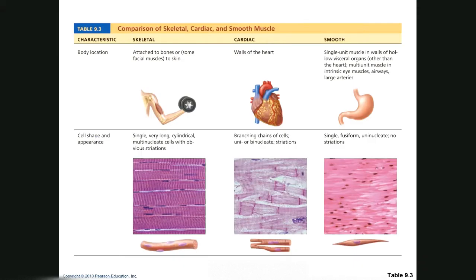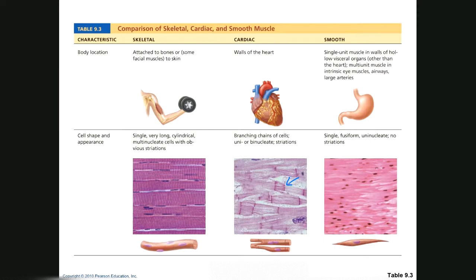So as you look at your skeletal muscle, you can clearly see the striations or stripes, the multiple nuclei here, and each muscle fiber or cell, we call the cells fibers, is the length of the entire muscle. With your cardiac muscle, you have the short fat cells, and they are connected by these intercalated discs.